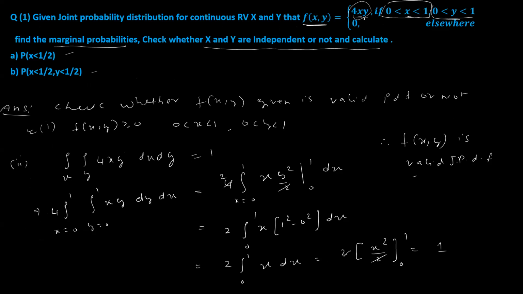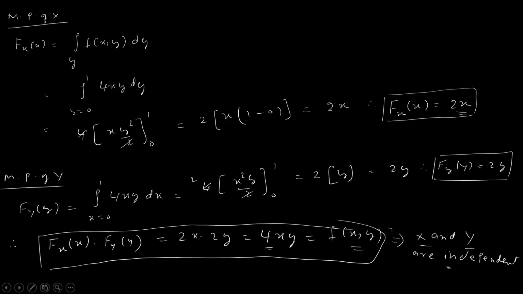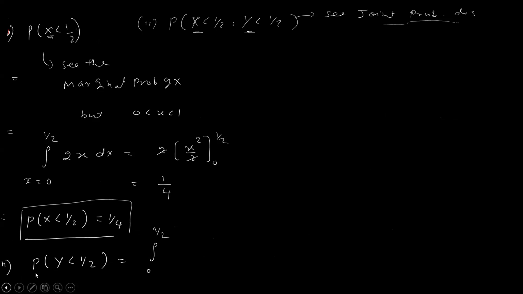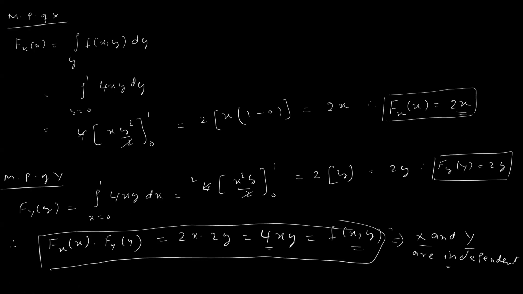So the lower range for both x and y is 0. The probability they can ask is anywhere in between 0 and 1. So you can see here, if they ask y less than half, then y is equal to 0 to half, but x is missing in this, so we have to put the marginal probability of y, which is 2y.